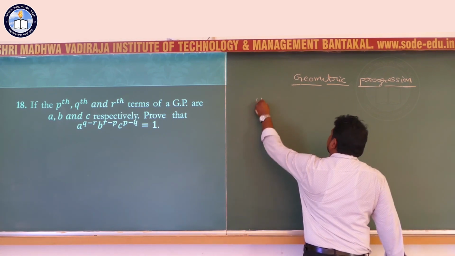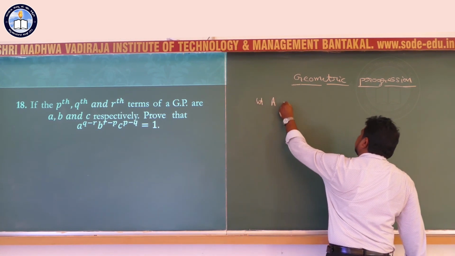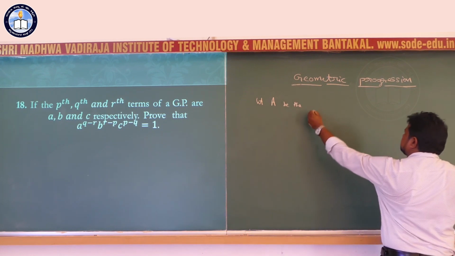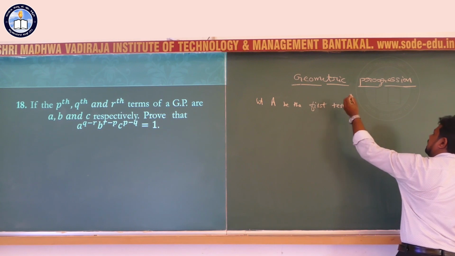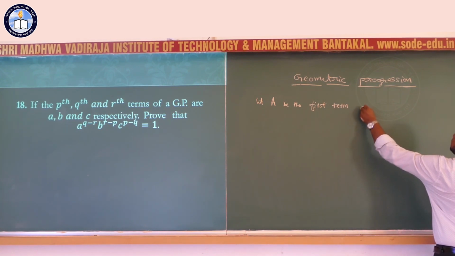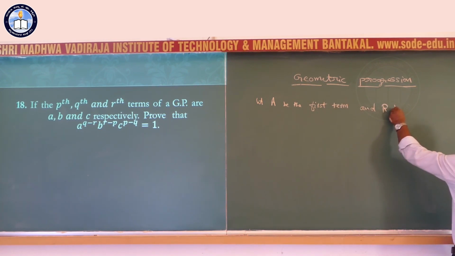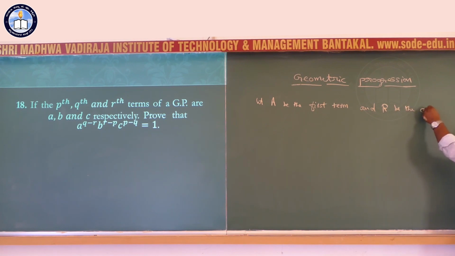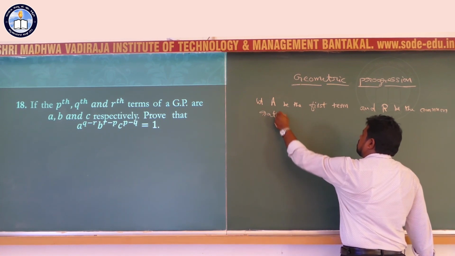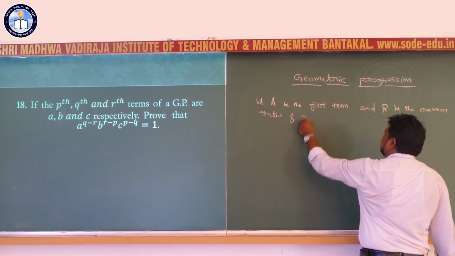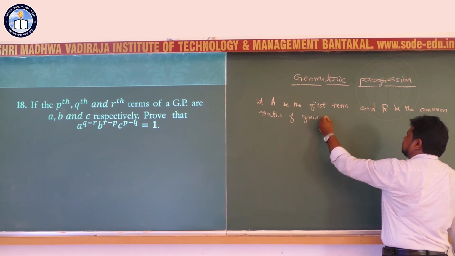Let A be the first term and capital R be the common ratio of the given geometric progression.